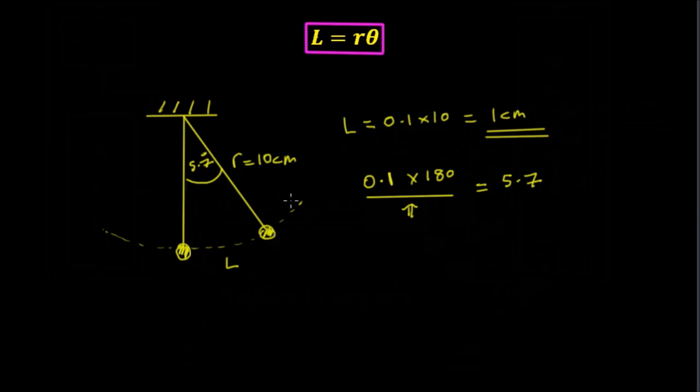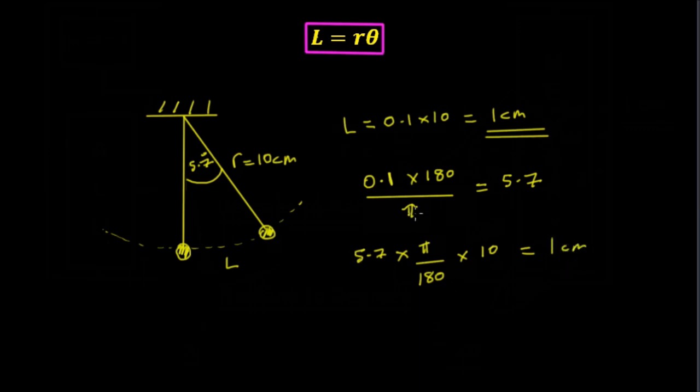Then what we would have to do is, in effect, convert the 5.7 into radians. So to get the right answer, it would be 5.7, and this time to go from degrees to radians, we'd multiply by pi, we would divide by 180, so that would be it in radians, and then finally we'd have to multiply by the length r, which is 10. And whenever you multiply all this out, you're going to get a value of 1, so it would be 1 centimeter.